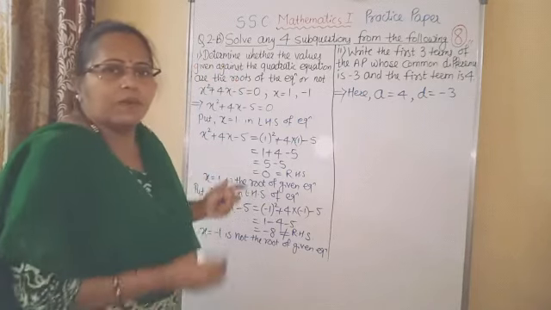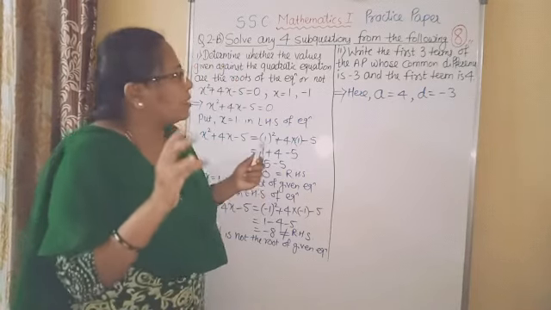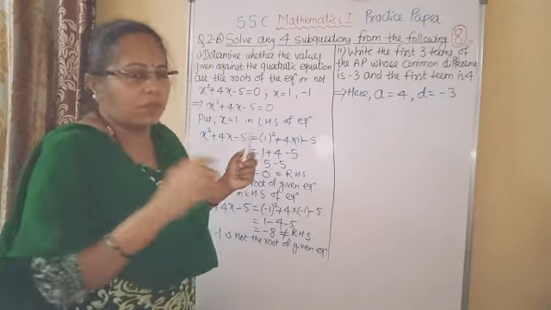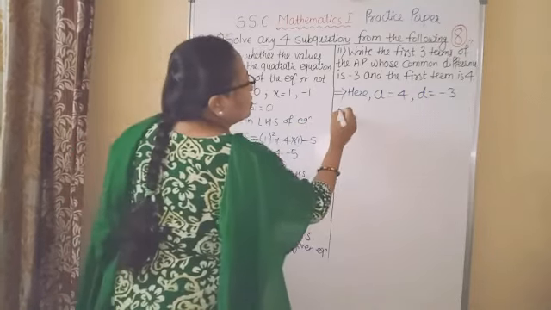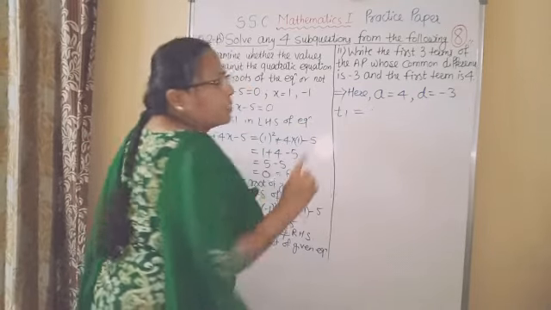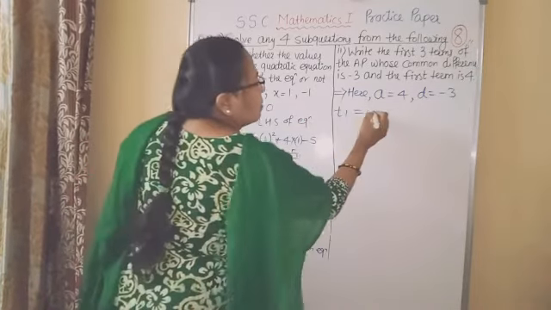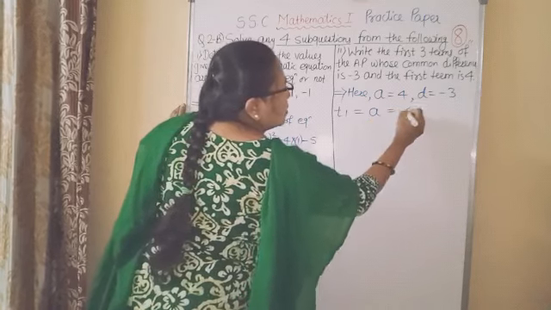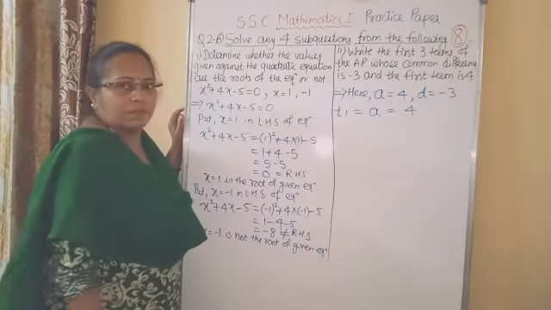So we have to find the first 3 terms, that means T1, T2 and T3. T1 means the first term, that we know. So T1 is equal to A, which is equal to 4.